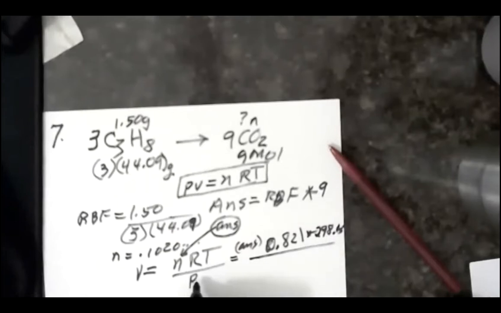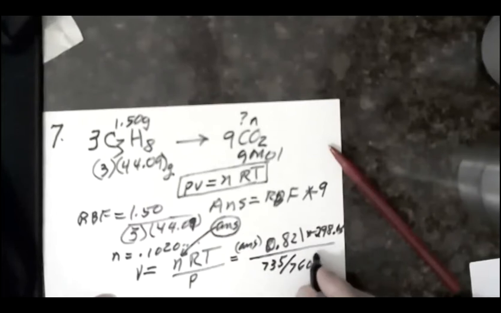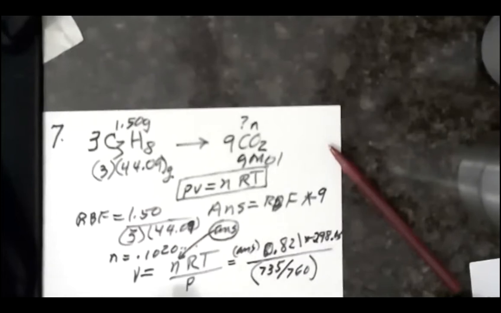And the pressure in the problem was 735. So the pressure is 735 divided by 760 to get it into atmospheres, to have all my units consistent.